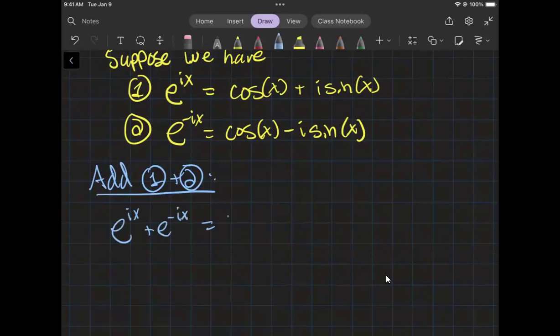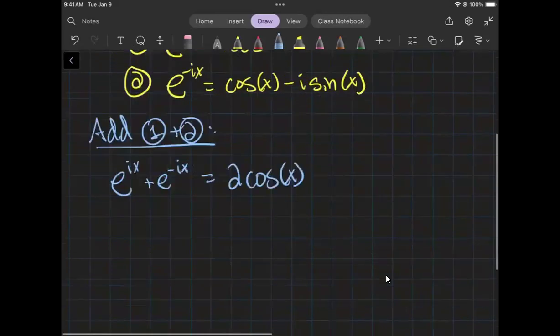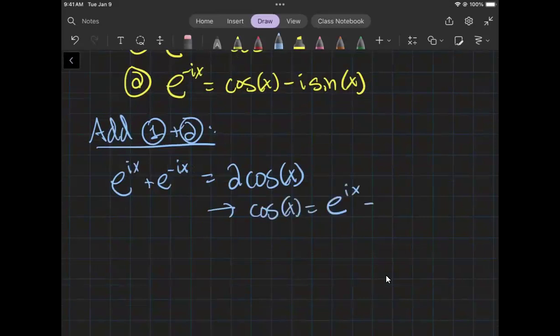And then on the right, I'll have 2 times cosine of x. Okay. And then we can get a straight up definition of what cosine of x is. Cosine of x, in terms of complex numbers, equals e to the ix plus e to the minus ix over 2, right?